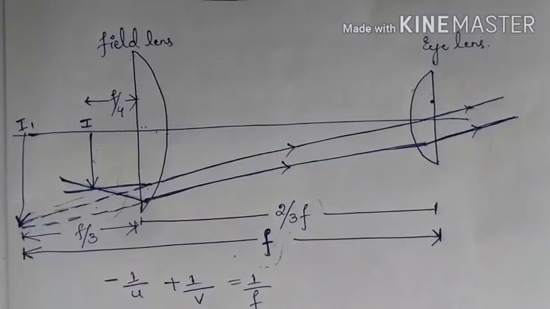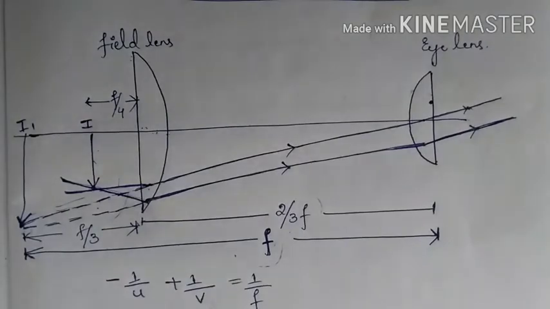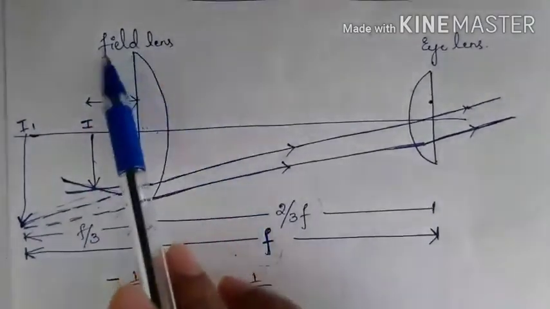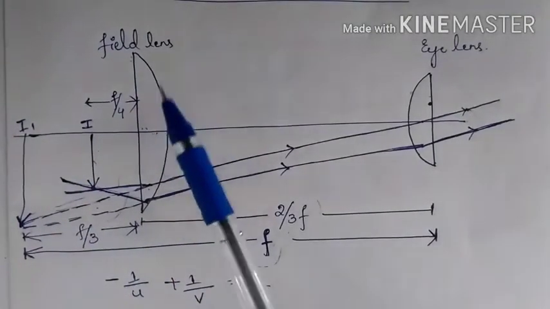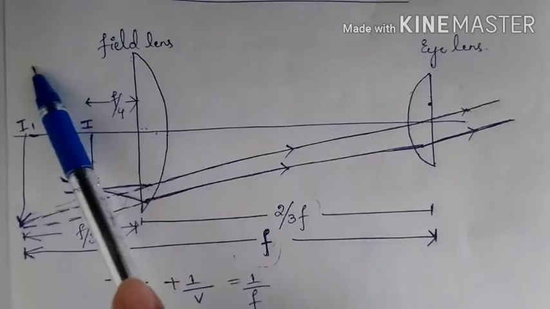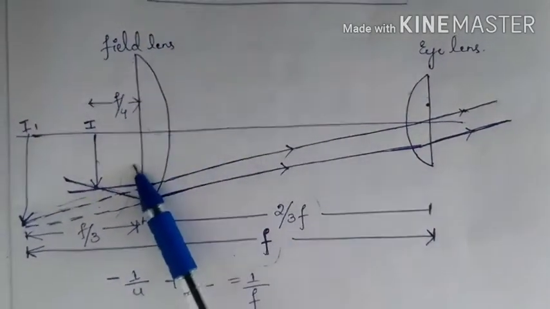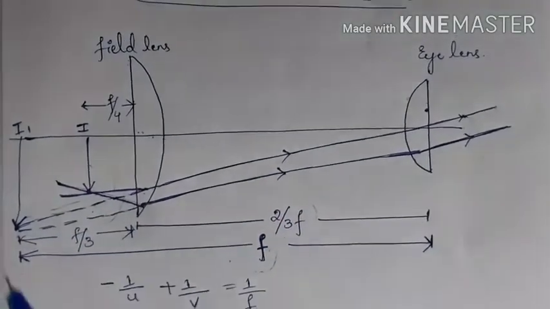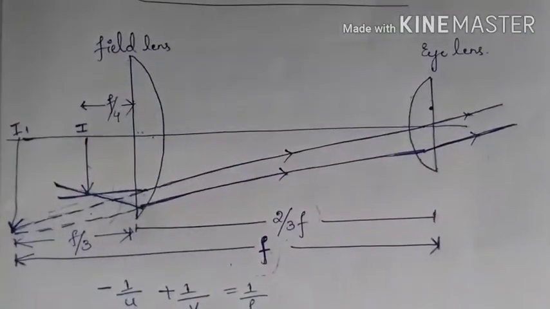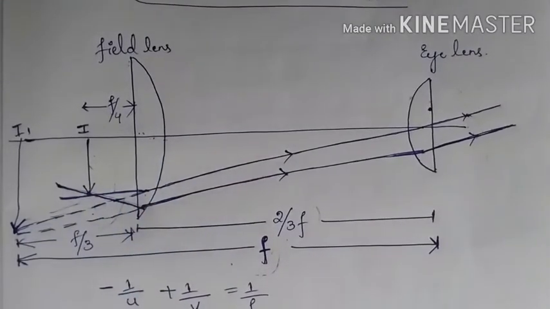So we found the object distance, which came around f by 4. Here if you observe, the field lens is bigger when compared to the eye lens, because it is made bigger to let more rays pass through the field lens, such that we can have a brighter image. So the final image will be brighter if you make the field lens larger. Field lens larger means the intensity of the light will be more.